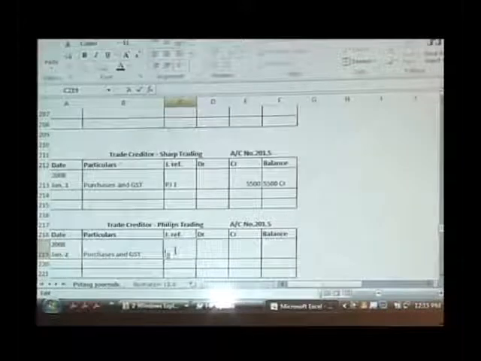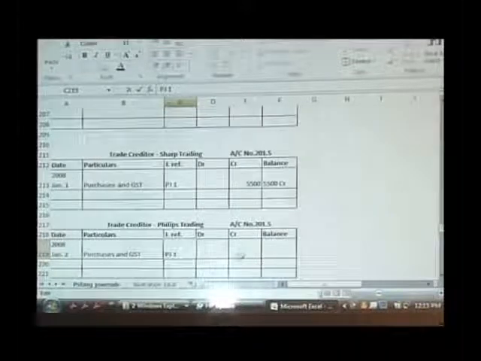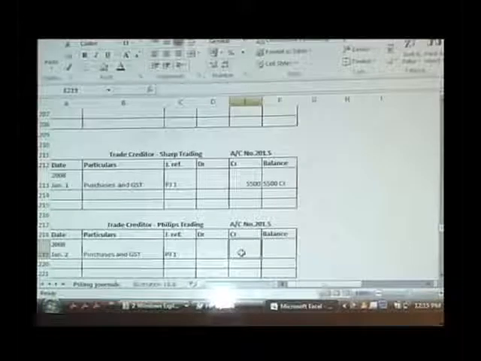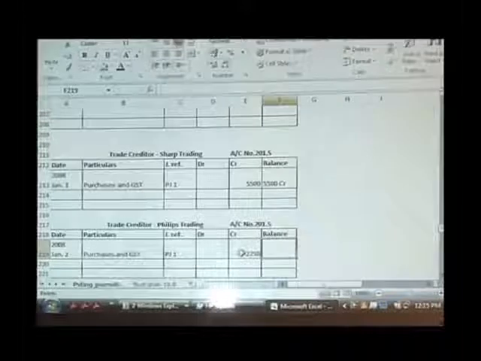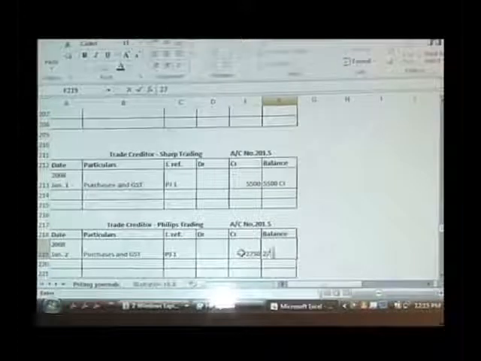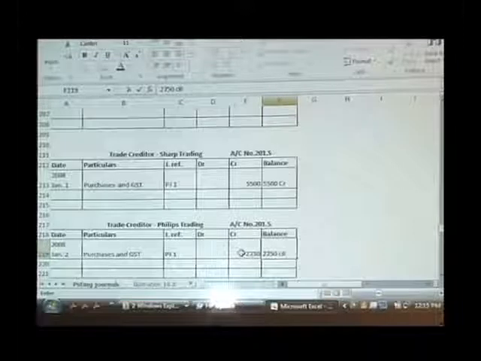It is purchases journal, page number 1, 2,750 credit.